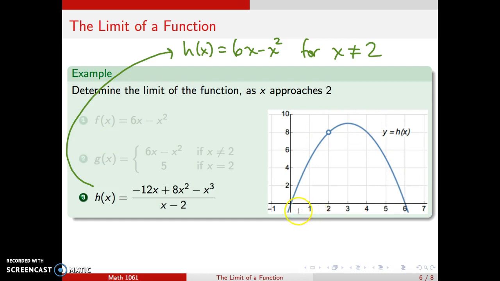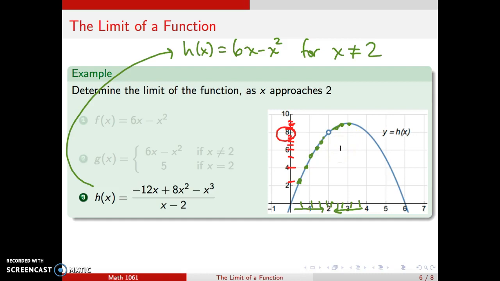Again, we're seeing what happens as we get closer and closer to 2. So we got these values here on the curve, and it looks like the function values, which are on our vertical, are getting closer and closer and closer to 8 again.